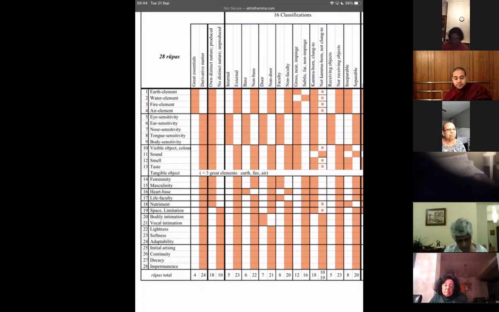Yes, Chamari. Bhante, would it be okay to think that the 18 kammaja rupas are kind of personal, whereas the non-clung to are impersonal?